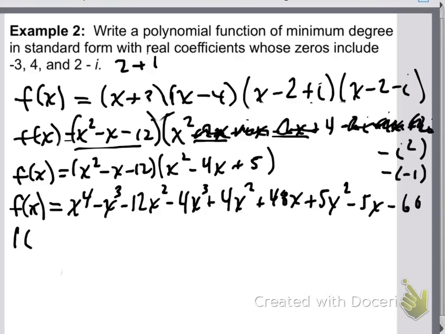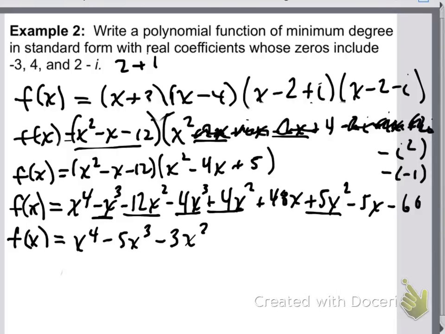Now we just have to combine like terms. So I'm going to have an x to the 4th. I have a negative x cubed and a negative 4x cubed, so that's going to give me a negative 5x cubed. Then x squared: I have a negative 12x squared and a positive 4x squared, so that's negative 8, and then a positive 5x squared, so that's going to be a negative 3, so minus 3x squared.